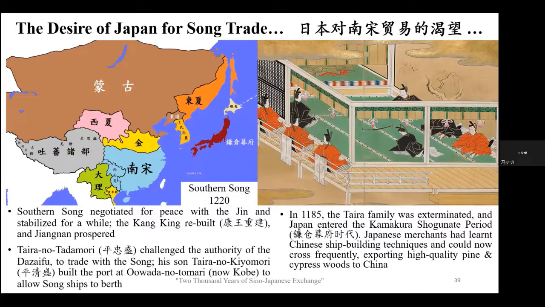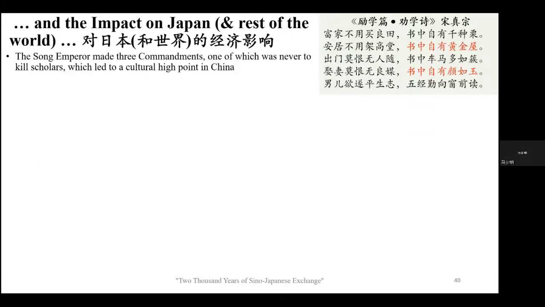The Japanese merchants had now learned Chinese shipbuilding techniques and could now cross frequently from here to China. And they can export high quality pine and woods to China. This Song influence on Japan would continue for a longer period of time.